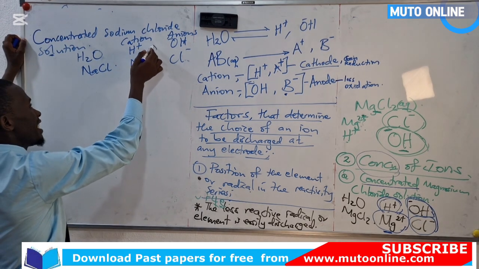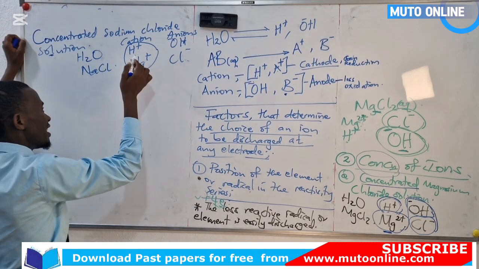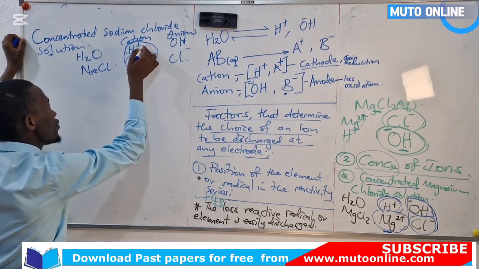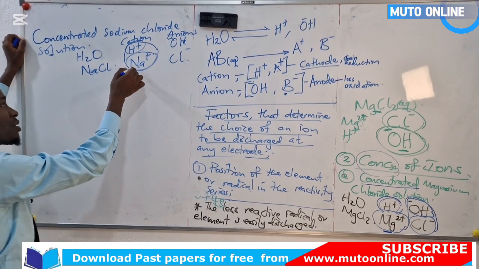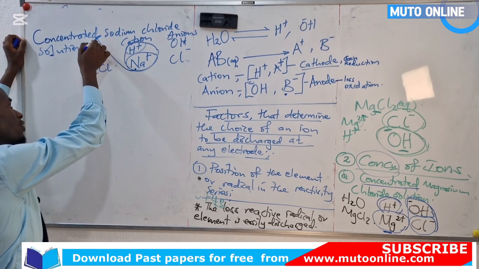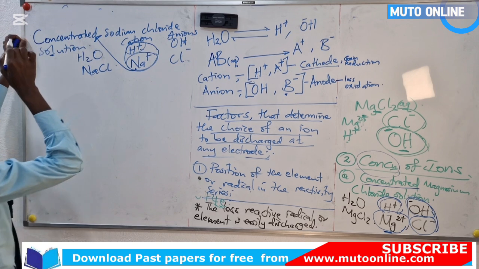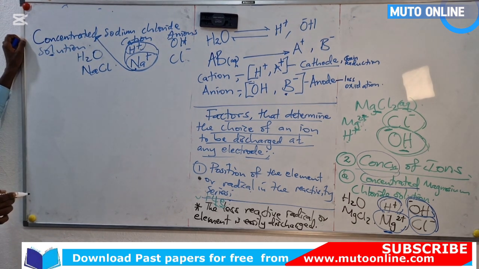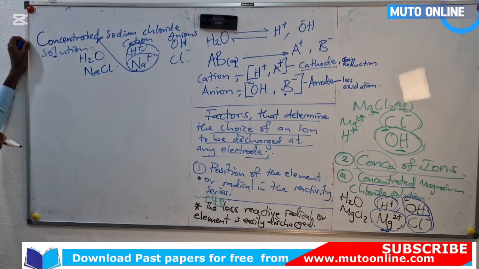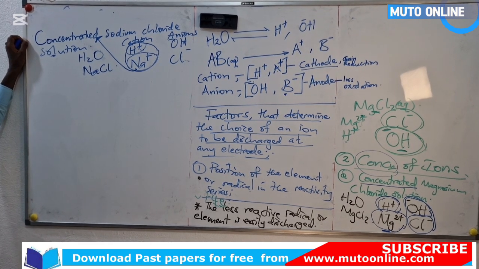It will remain that at the cathode, the sodium will be discharged in preference of the hydrogen. Why? Because in this electrolyte, the sodium ions are more concentrated than hydrogen ions. So they will easily be discharged because of their concentration. This time we are not basing on the reactivity.